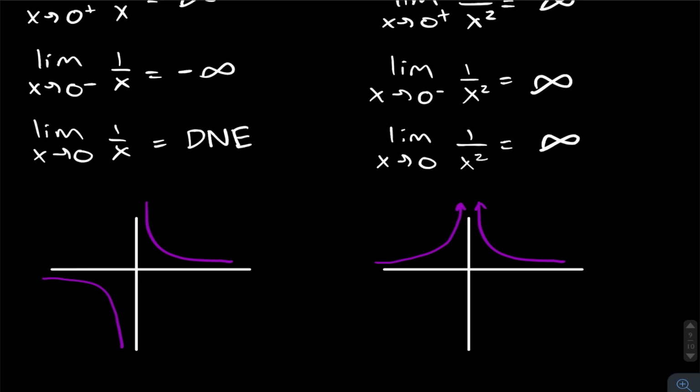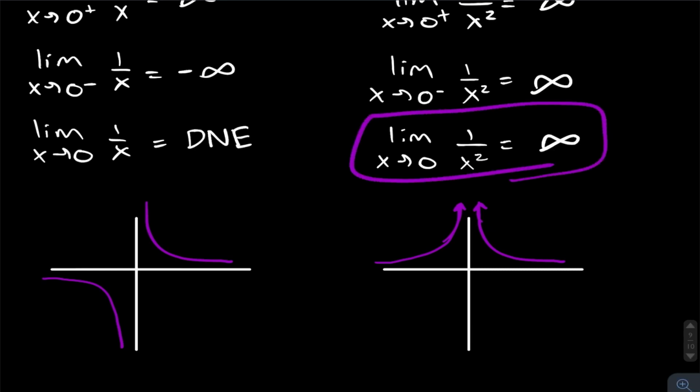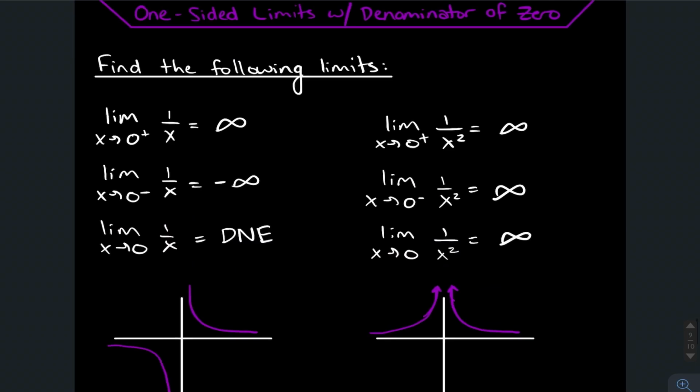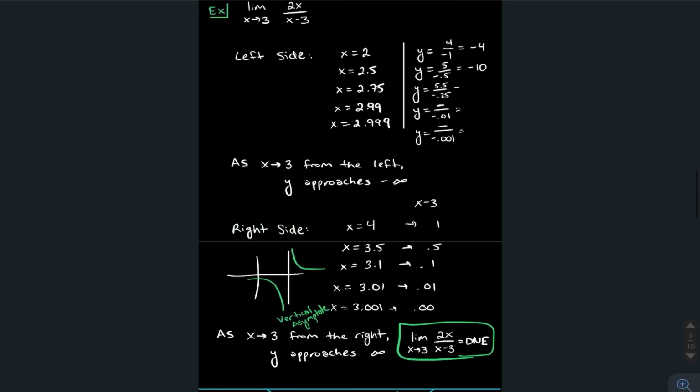You still get a discontinuity here, right? At x equals 0. Okay? But now you have the two things going in the same direction, right? They're both going to infinity, and so the overall limit as x approaches 0 is going to be infinity as well. Okay?